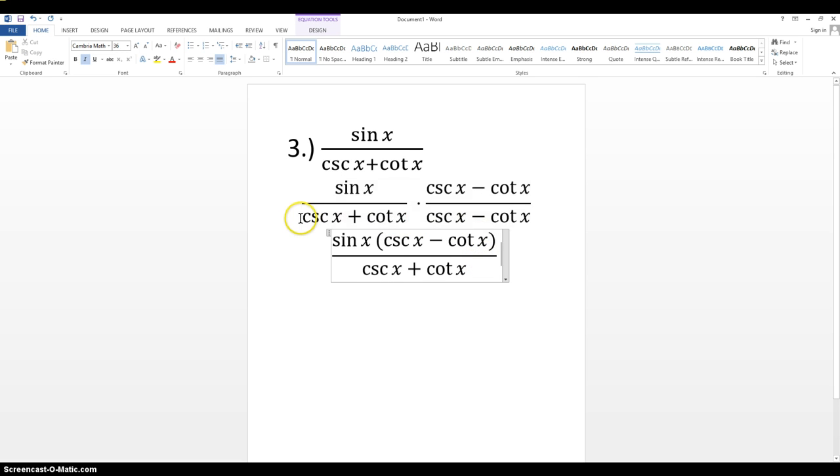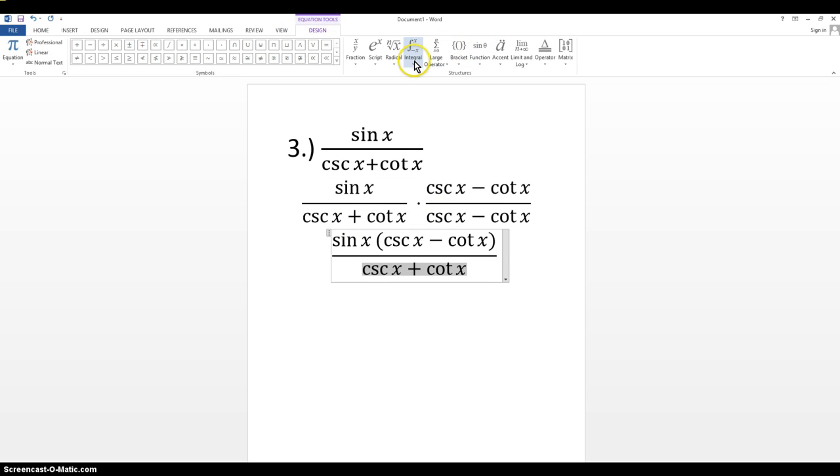Okay, and then when we multiply bottom times bottom, it's going to be a difference of squares. And remember what we said about difference of squares. They're the same thing except the signs are different in the middle, so we do first times first. What is cosecant of x times cosecant of x?